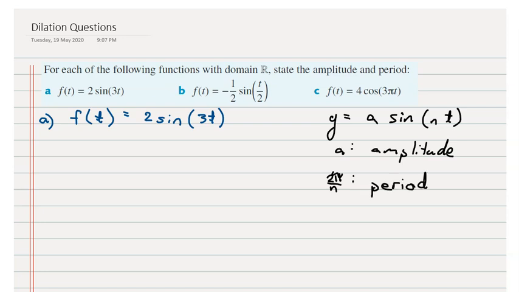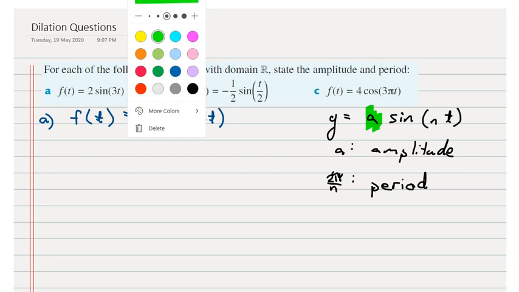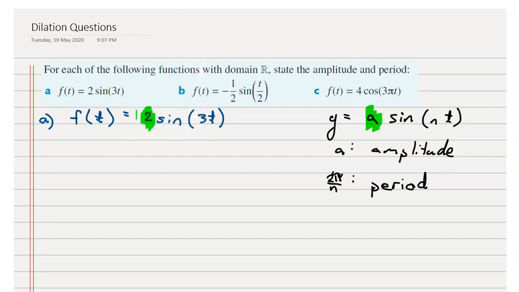Looking at this function, our a is 2, and n, the coefficient in front of the t, is 3.